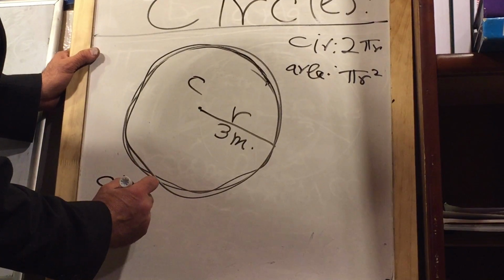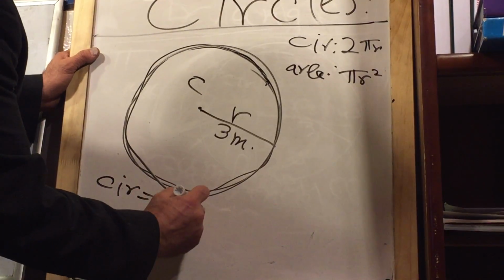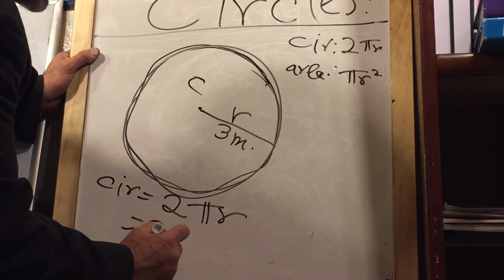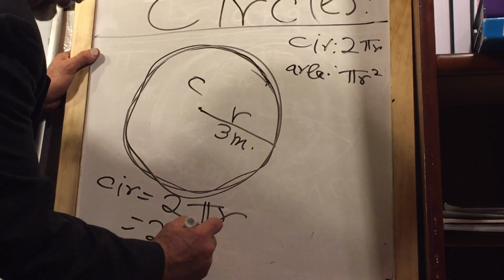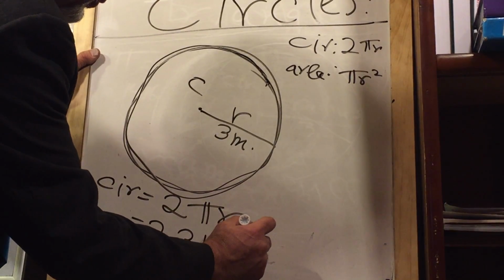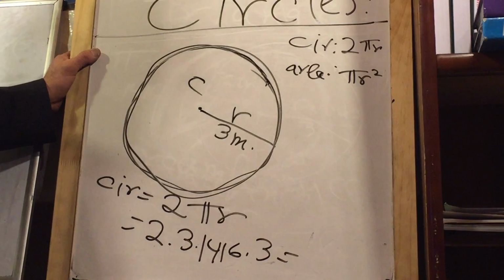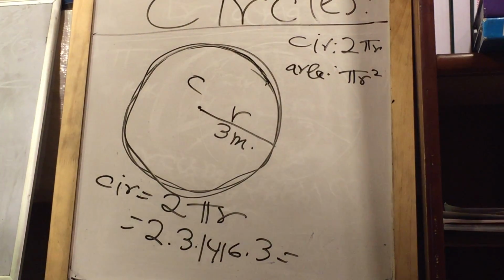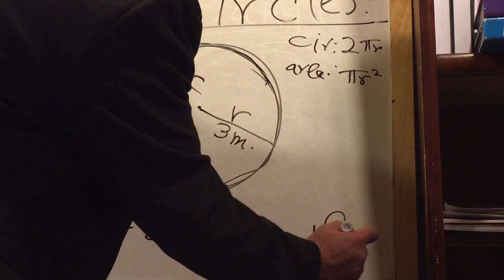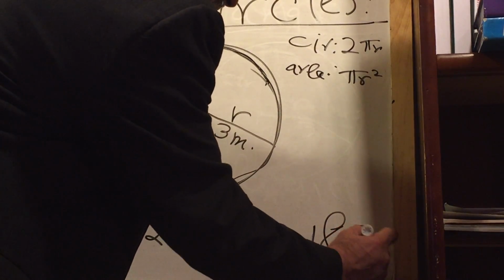That's it. So we have circumference equal to 2 pi r, which means 2 times 3.1416 times 3. That's it. And we checked a minute ago, the whole thing was 18.85.